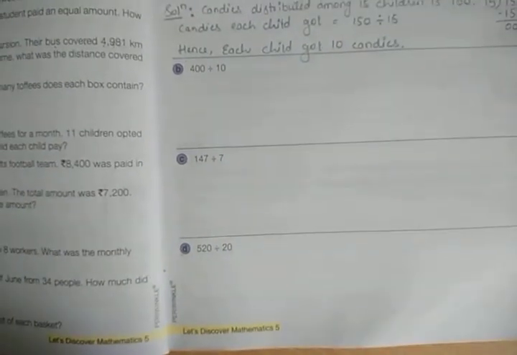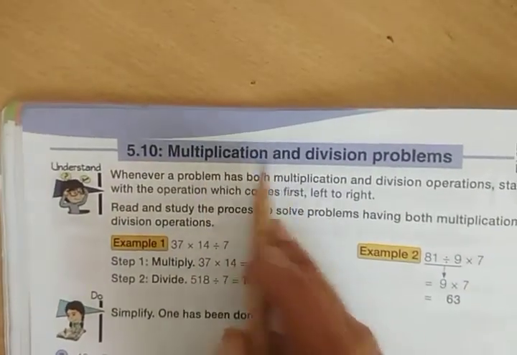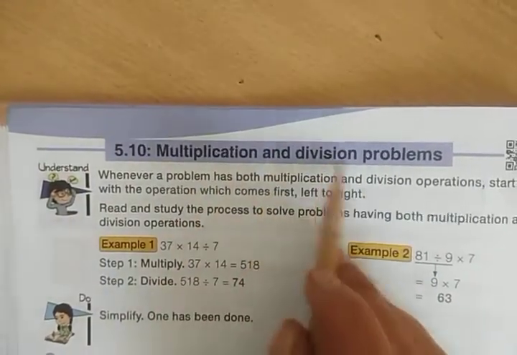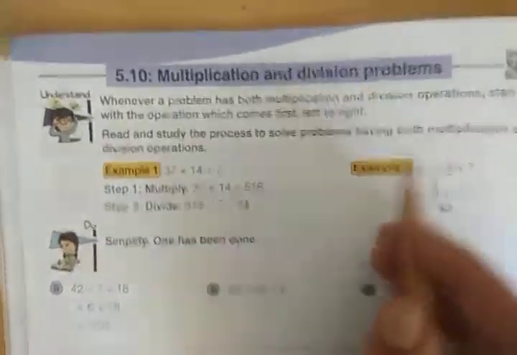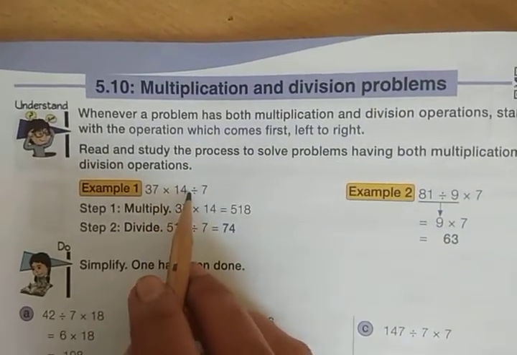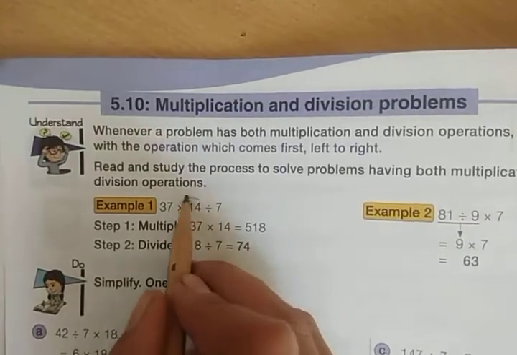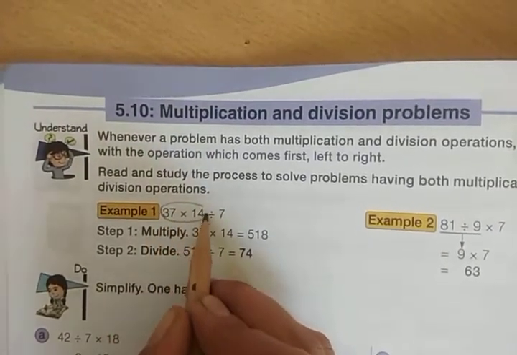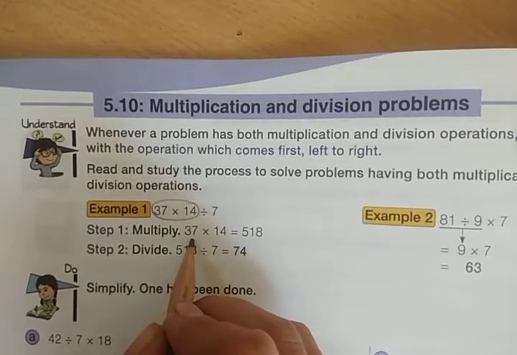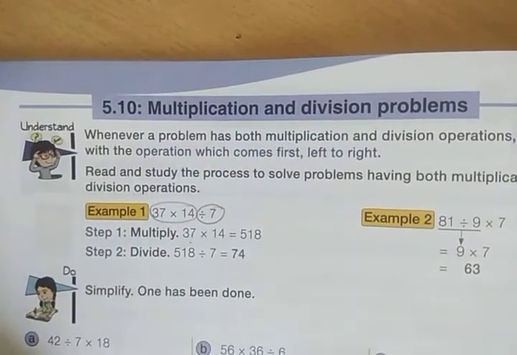Okay. Now we'll see the 5.10 exercise, multiplication and division problems. The mixed multiplication and division problems. Children, whenever they give multiplication and division problems, or the signs together, then we should remember that the first two numbers with the sign we should solve first and get the answer, and then with that answer we have to solve the next number.